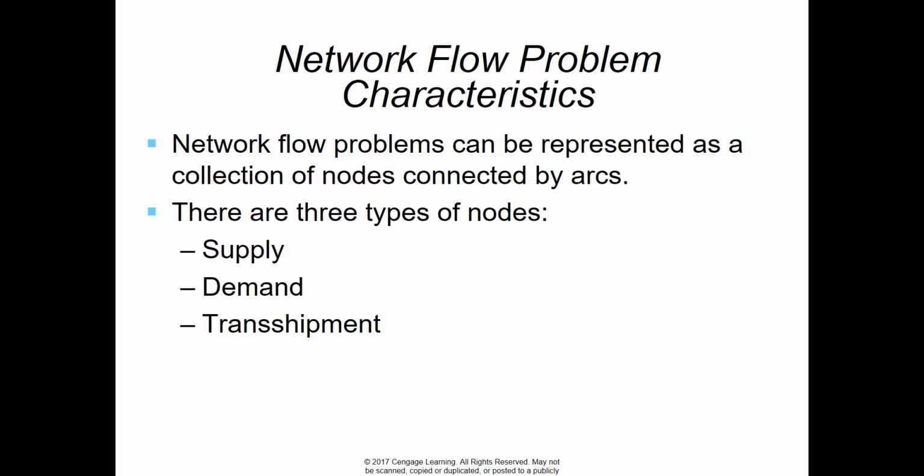They can receive material from supply nodes and send it to another type of node. So basically, transshipment nodes are the nodes that get the material and send it out to some other nodes. We usually define the net demand of each node.